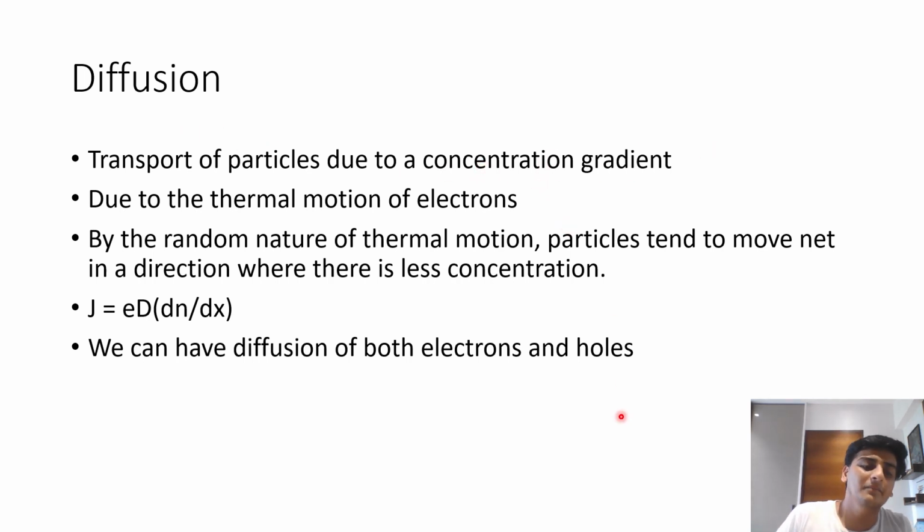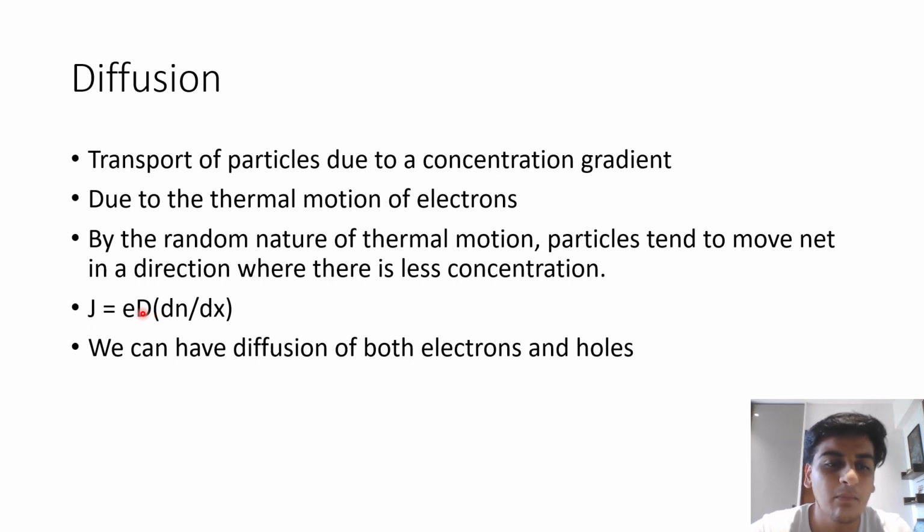And we can just write the diffusion as being proportional to the concentration gradient. So if you have a lot of electrons on one side and less on the other, then proportional to the gradient you're going to have diffusion. e is just the electron charge, which is of course intuitive, since your diffusion current is going to be proportional to that.